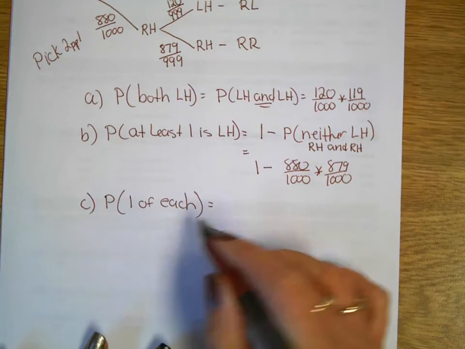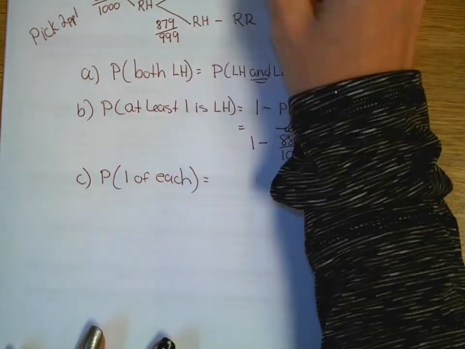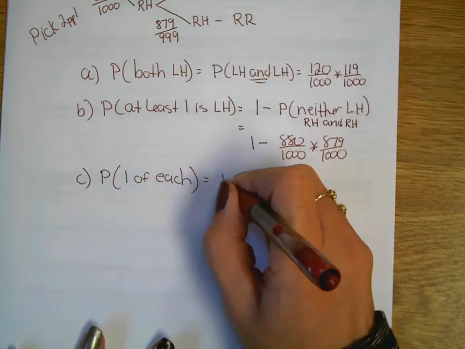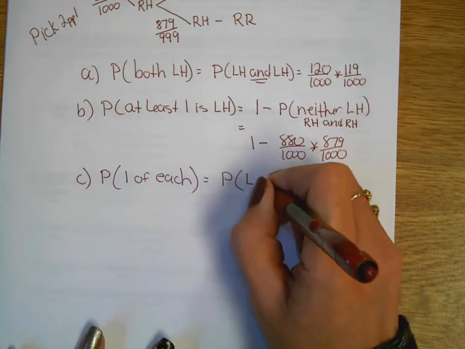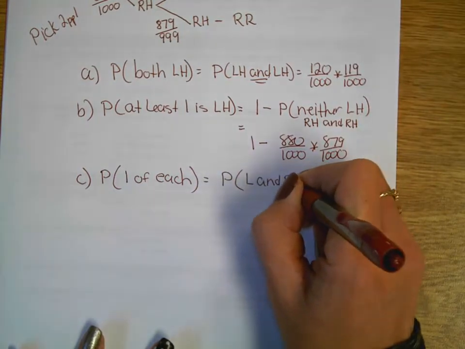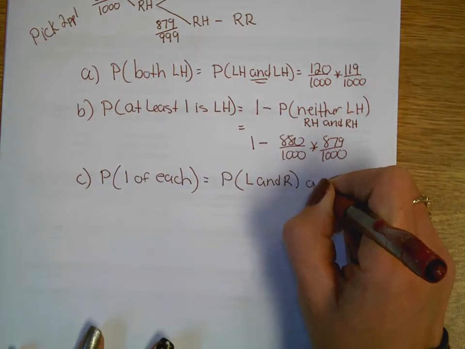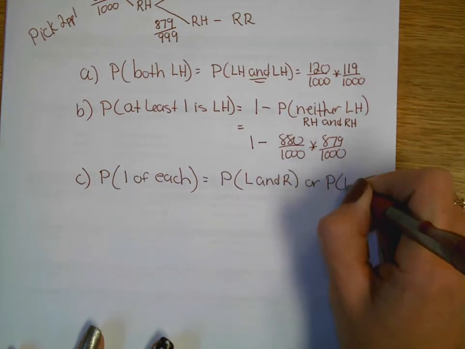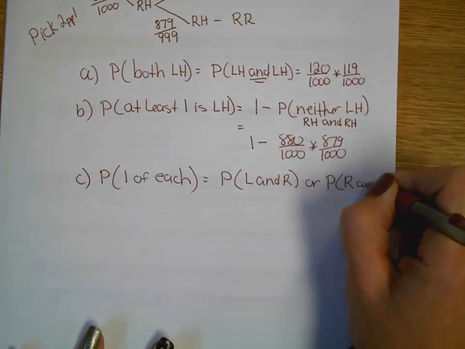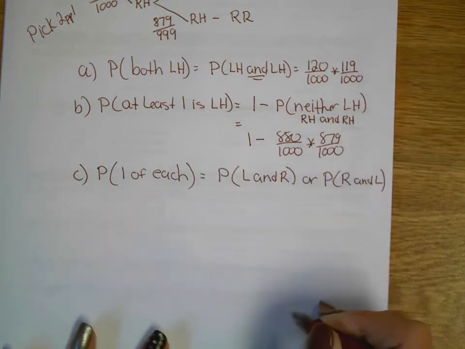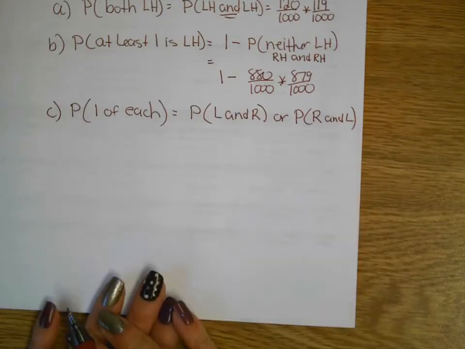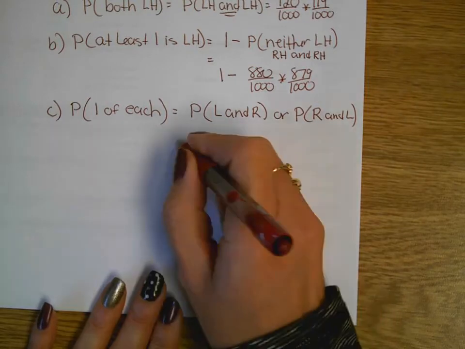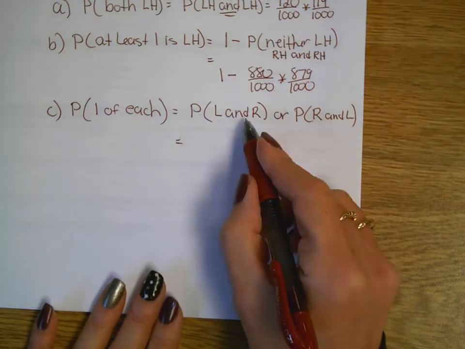So getting one of each, again, rewriting that, it's these two probabilities here. It's the probability of a left and then a right, or it's the probability of getting a right-handed person and then a left-handed person. So this one has "ors" and "ands" in it. So this is where the tree definitely came in handy.